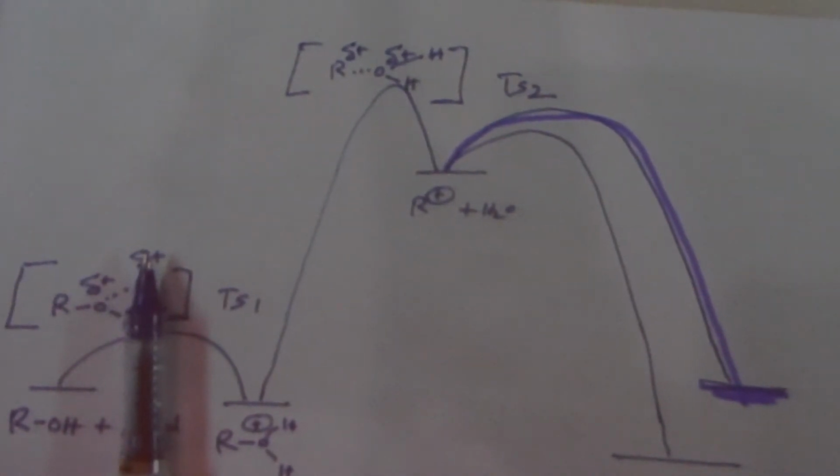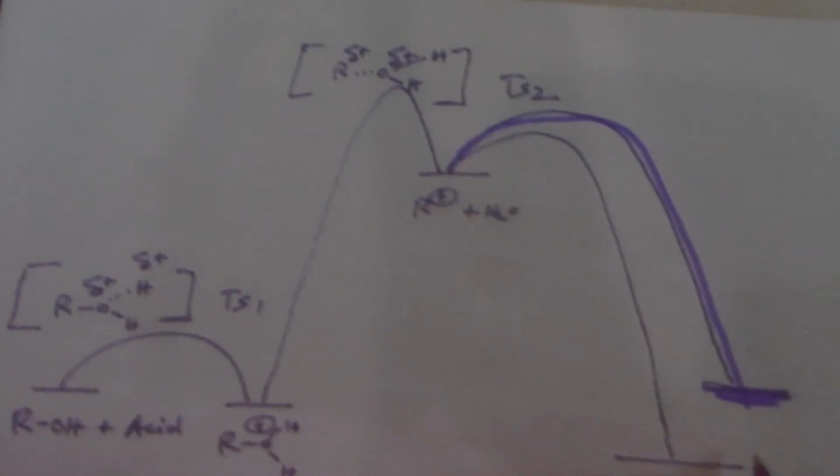And the final product would depend on what the acid is. If the acid also generates a new nucleophile like Br minus, Cl minus, anything, then it is an SN1. Otherwise, it goes slightly higher in energy and goes to here. That would be the elimination pathway, where you generate a double bond, and here it would be RX, whatever X is.